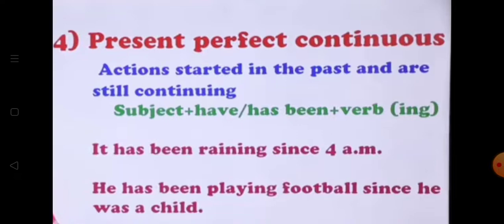For example, it has been raining since 4 a.m. He has been playing football since he was a child. So, this is the action which started in the past and it's still going.